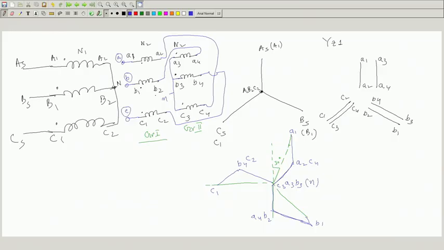Now, suppose in this connection neutral is not connected, and there is no delta connection. Therefore, I am sure no third harmonic current exists here, only 50 hertz component of current will flow, and in the core of the transformer third harmonic flux must exist, and that third harmonic flux is going to induce voltage both in the primary and the secondary coils, is not? And the polarity of those voltages are shown here.